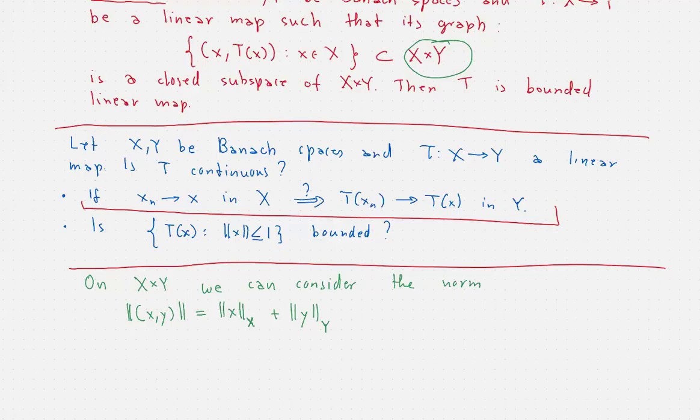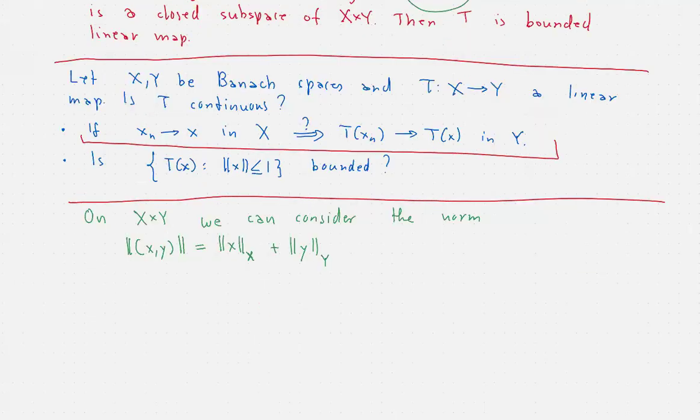This norm is rather convenient, and this norm works coordinate-wise. So if you have a sequence (x_n, y_n) in x times y, then that converges to (x, y) if and only if x_n converges to x and y_n converges to y.